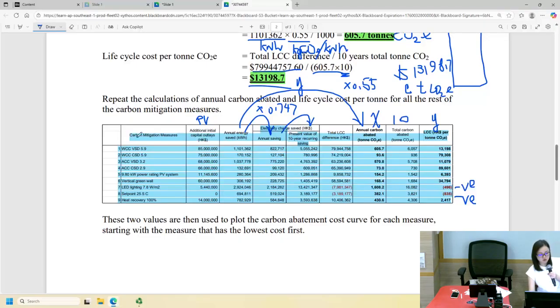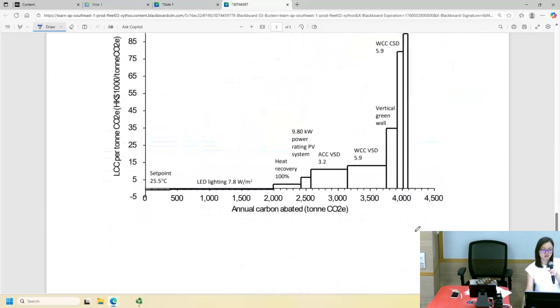So for all these different measures, we can calculate the unit cost for reducing every unit of carbon dioxide, and also the annual carbon reduction, and plot them in a graph.